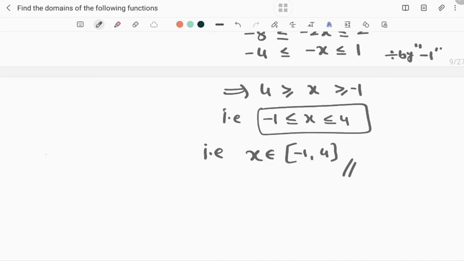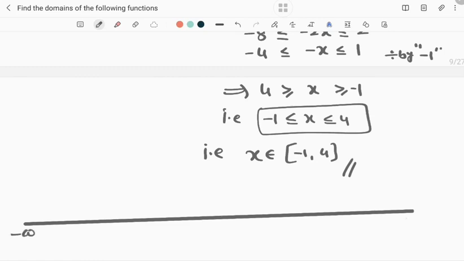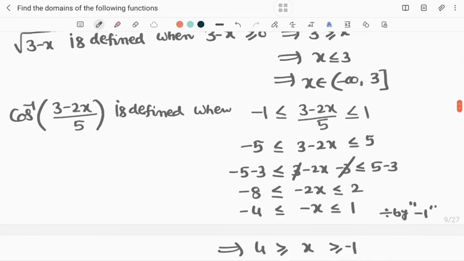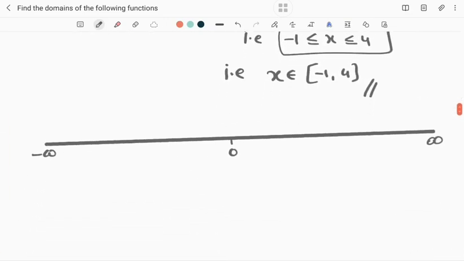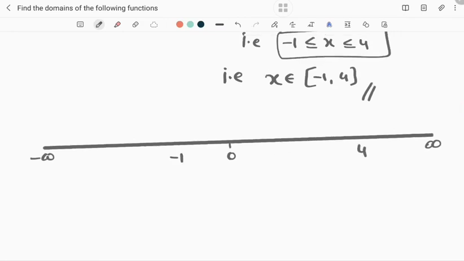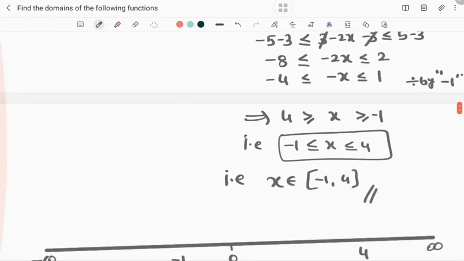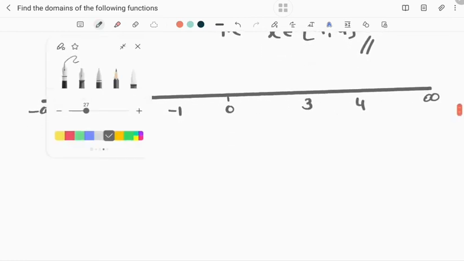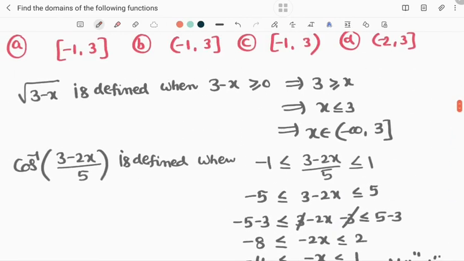So therefore the domain we will represent on the real number line also. Minus infinity, plus infinity, 0. So here minus 1, and 4. The open interval of minus infinity to 3. So the first domain: x belongs to open minus infinity to closed 3.